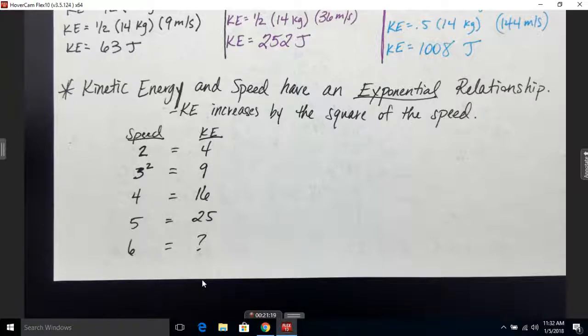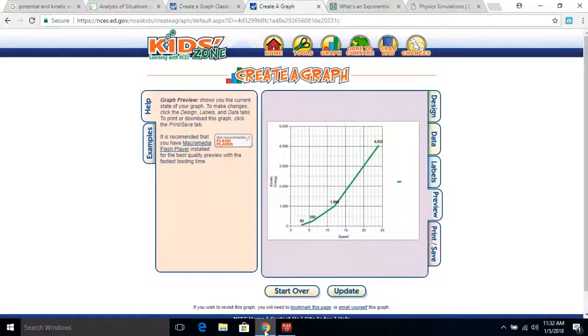Okay? Now, let me show you. If we graph it, that's what it looks like. Because think about it. These are our numbers from earlier. 63, 252, 1008. It jumps so much that we're getting that curve. Look, it goes from 1008 to 4032. You see what I'm saying? So we get a curve line.